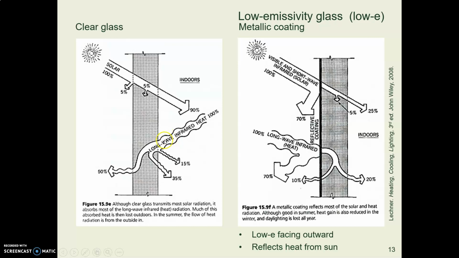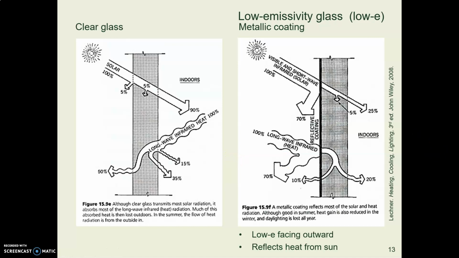Some of that radiation gets back out through the glass, and some of it bounces back. If you have low E glass, if you put it with the low E coating on the outside of the window, facing outward, that coating reflects the solar radiation and keeps your room from overheating. So you can see here it bounces the solar infrared radiation back out into the outdoors.